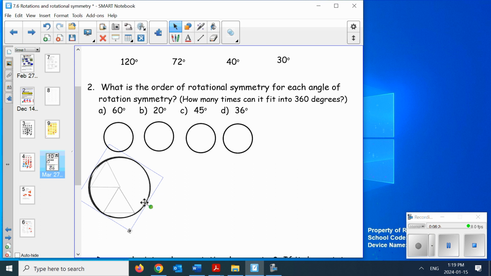Then 2, and then 3, and then 4, 5, and over top of that, 6. Did you guys see what I just did? Do you see why I'm saying that? 6 times I could spin it around.